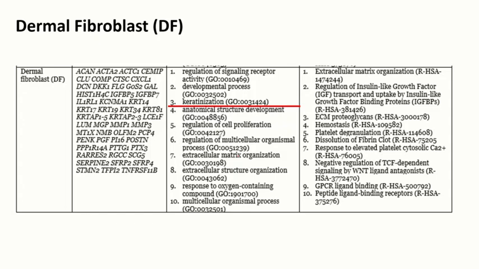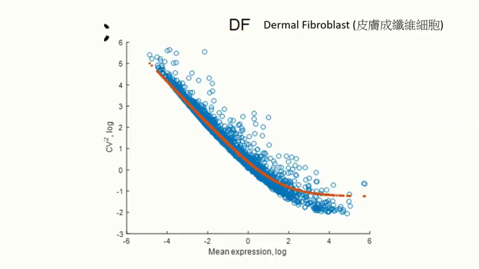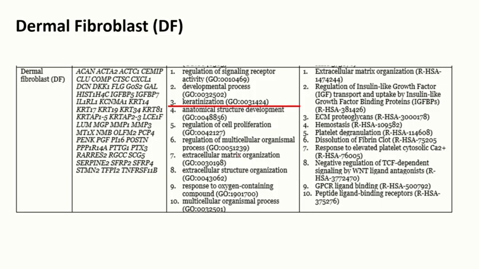It's a form of skin. So you don't see this term in lung epithelium cells. You don't expect to have keratinization within the lung. But in the skin, this is an important function for those highly variable genes. If you search for the top highly expressed genes, you won't get this term at all.